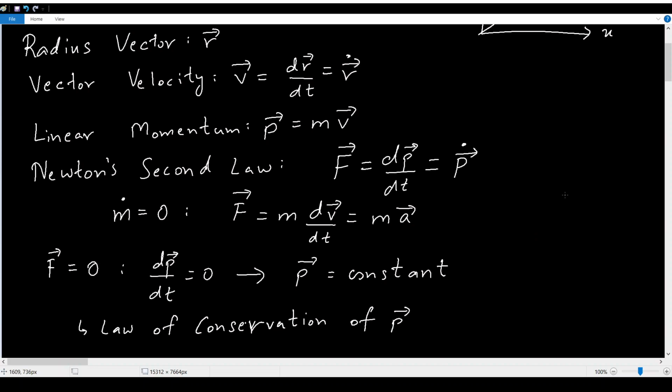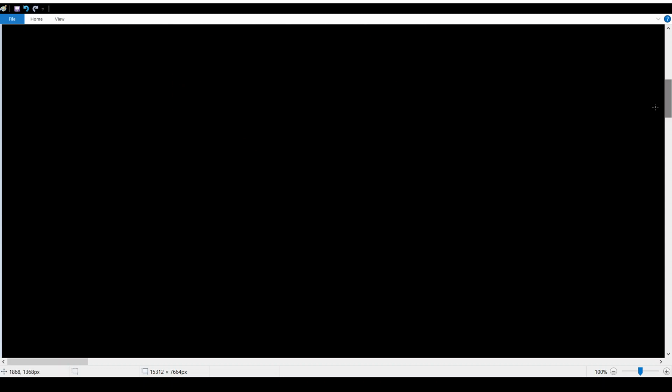So this is a very brief review of linear motion for a single particle in the Newtonian formalism, or the Newtonian formulation. Now we can talk about rotational motion of the particle, and to do that we have to define the moment of the momentum, or the angular momentum.